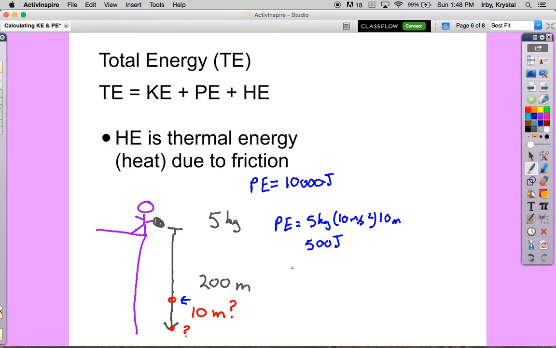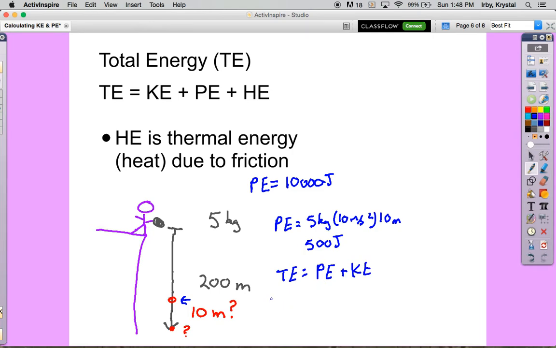So if I want to find out what the kinetic energy is at this 10 meters, I would know that my total energy for the whole system has to be 10,000. So first I would have total energy equals potential energy plus kinetic energy.